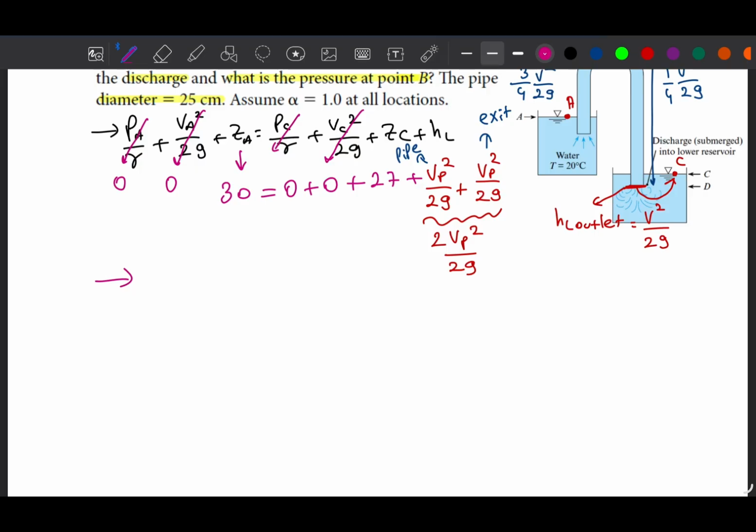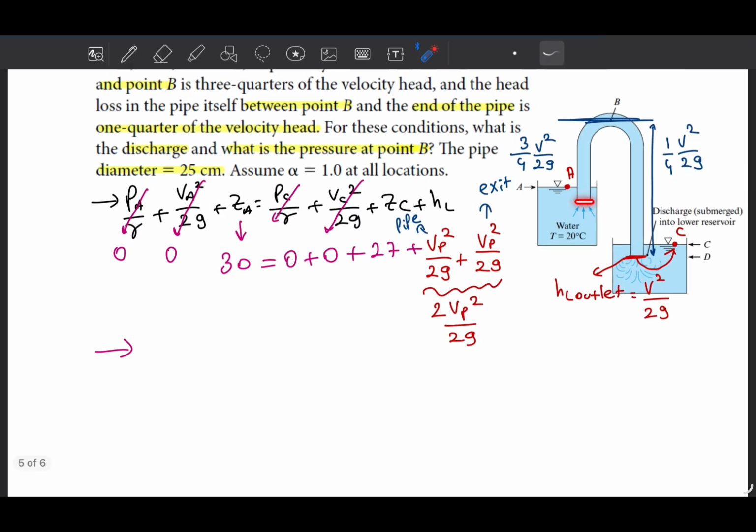So we directly used Vp, which is the velocity within the pipe, because the diameter is constant, so that we will have the same velocity even at the outlet or even in the pipe. So this means velocity within the pipe is 5.42 meters per second.